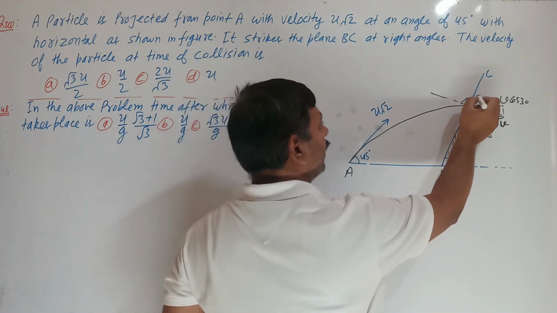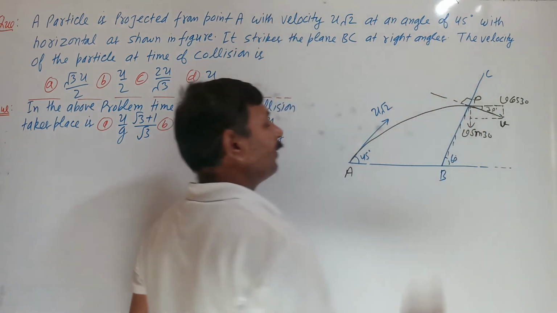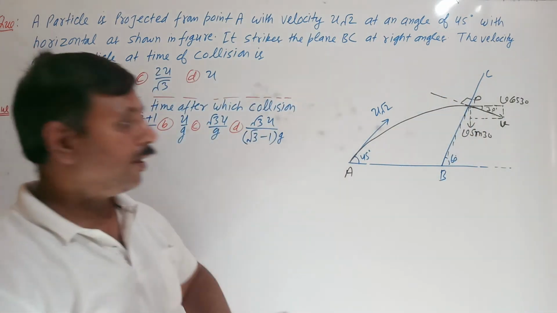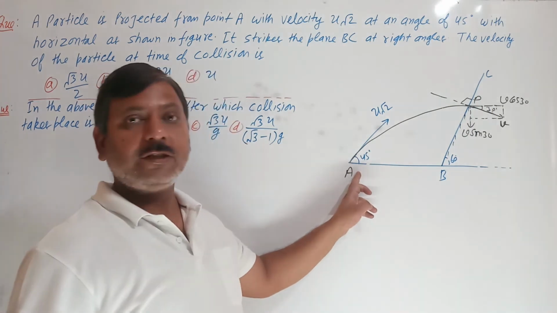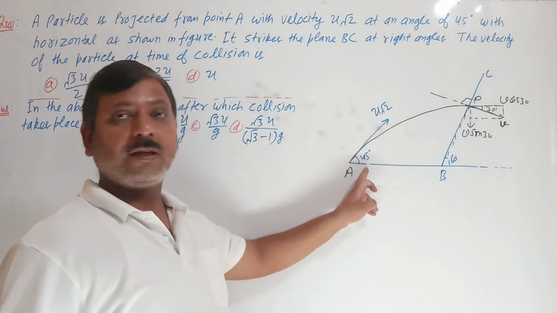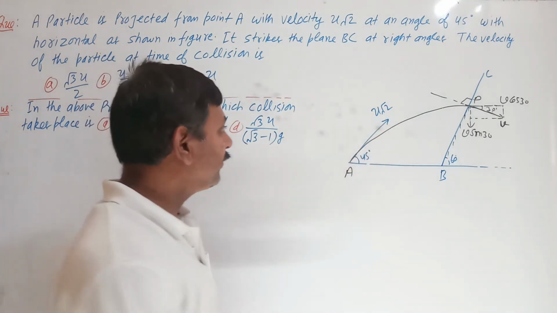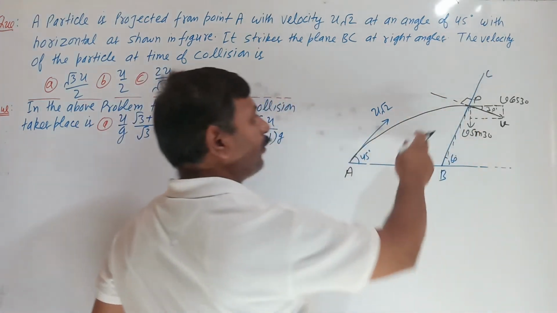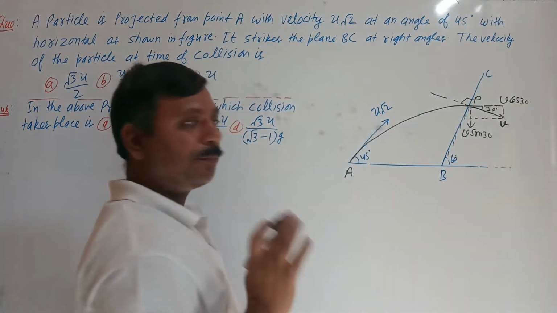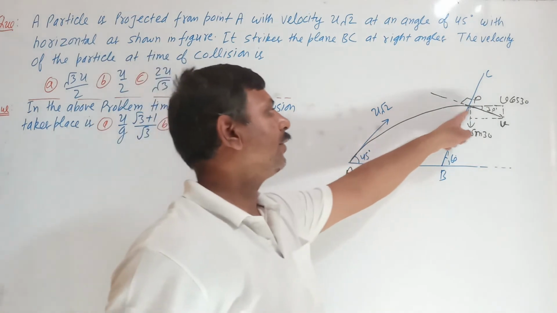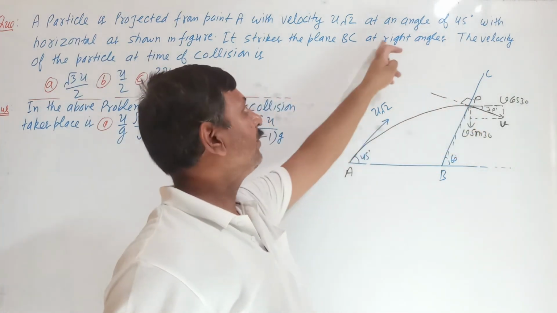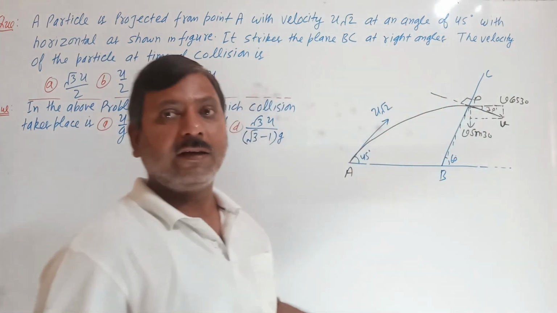Let it collide at point P. See here, the object is projected with u root 2 at angle 45. It collides at point P with speed v, and they have given that it collides at right angles.